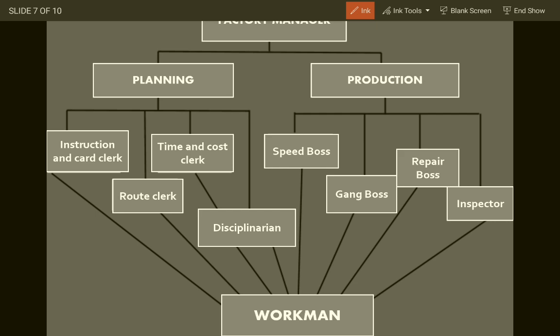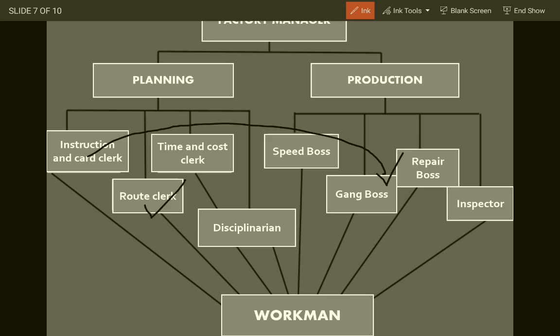Everything is mentioned in that instruction card, and it is given to the gang boss, because the gang boss is responsible for assembling the equipment and tools and giving them to the worker. So the instruction card clerk is responsible for writing all the instructions related to work.